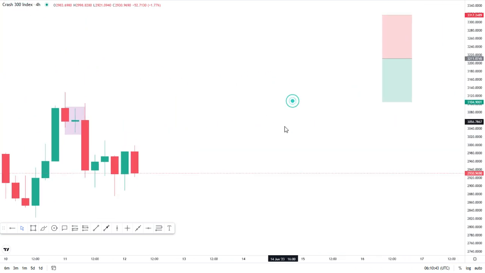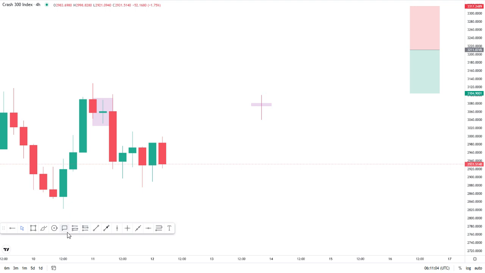Then something else I forgot is that the movement on a lower time frame is likely going to look like a ranging market, guys. So you are going to have, let's say, this is the candlestick. Now on a lower time frame, 30 minutes time frame, all these places you are going to see the price ranging.